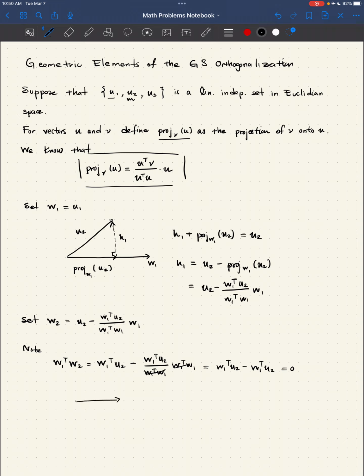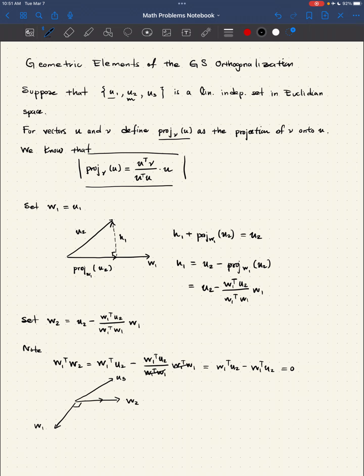On one side I have W2, and on the other I have W1. They form a 90-degree angle as they're orthogonal. Along this one, I'm going to form or attach U3. Then what I'm going to do is form a linear combination of the projections.